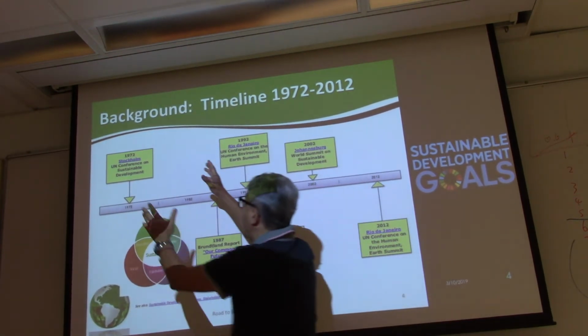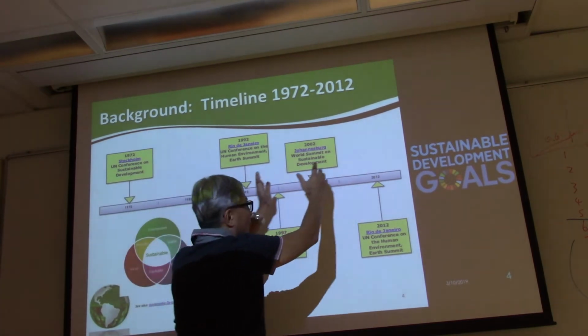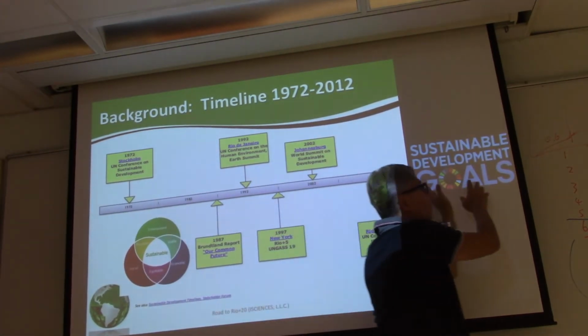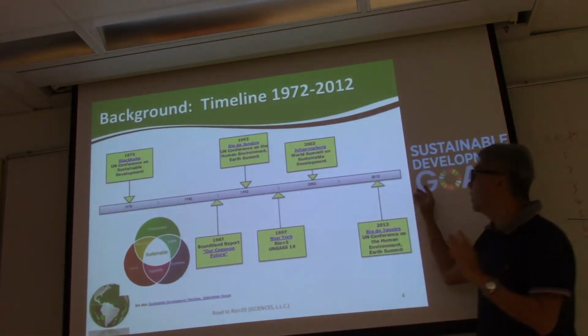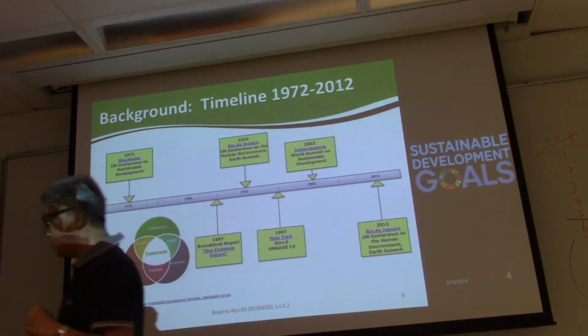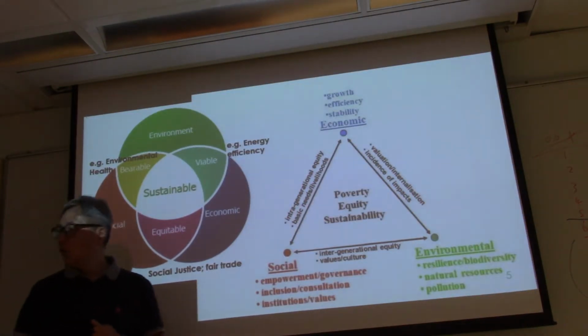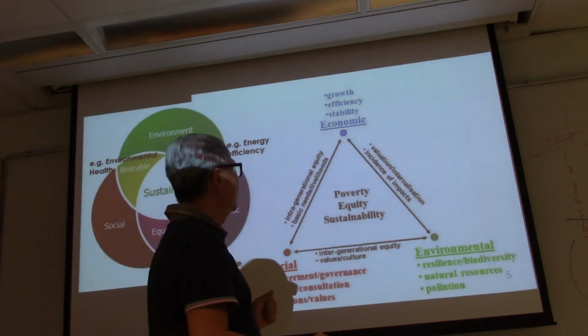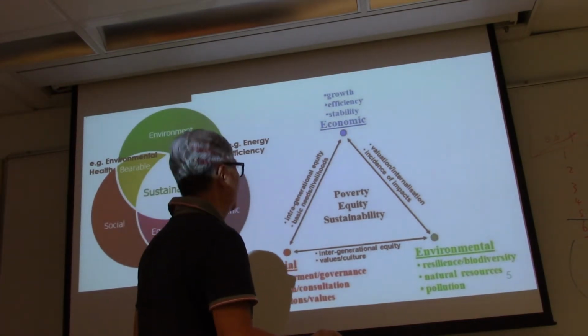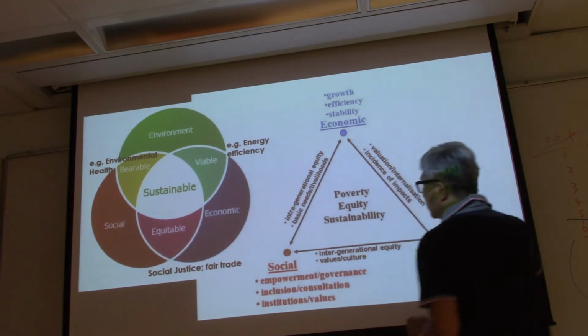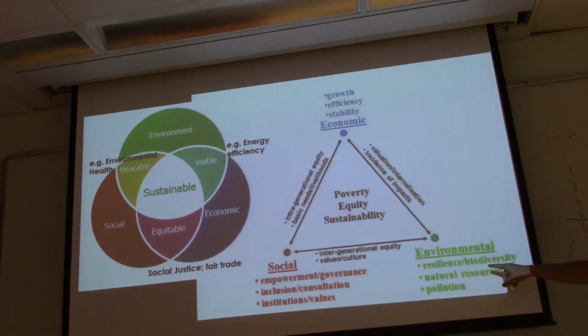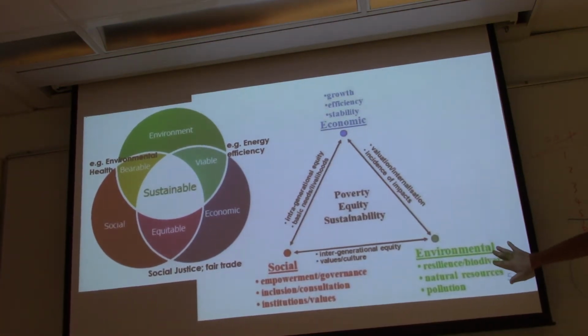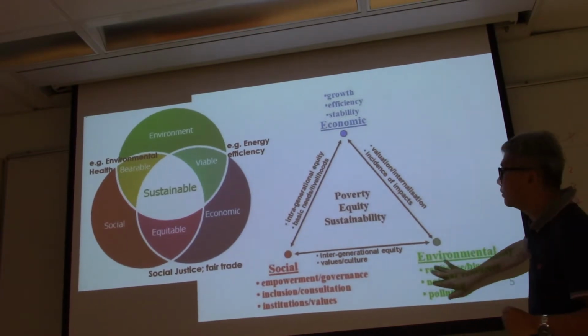So therefore, they had that conference and then moved on to 2012, not really doing something, until 2012, they started to think about environmental resilience and biodiversity, natural resources and pollution under the consideration.